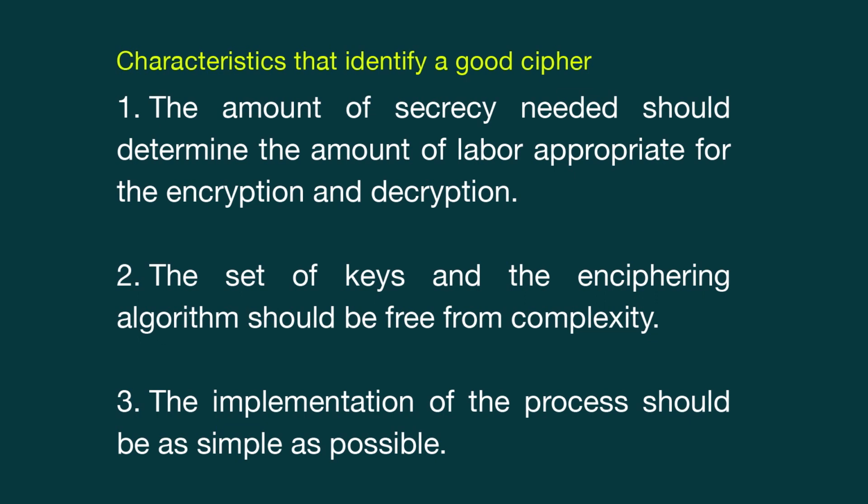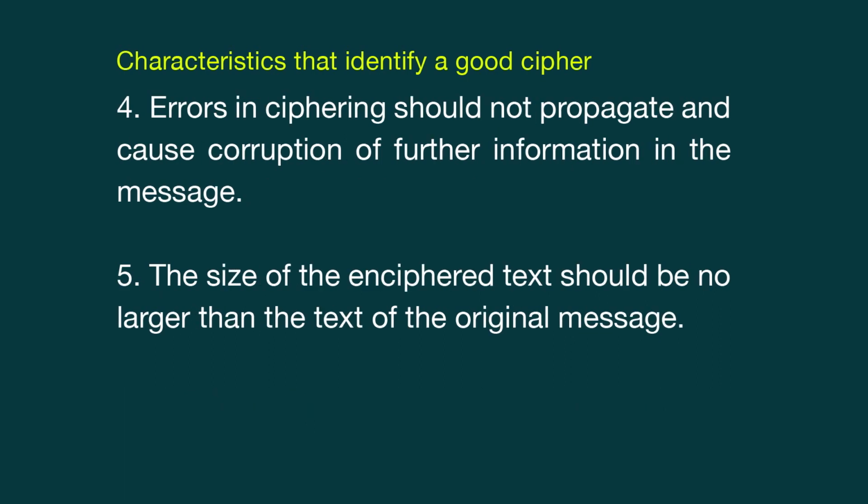The set of keys and the enciphering algorithm should be free from complexity. The implementation of the process should be as simple as possible. Errors in ciphering should not propagate and cause corruption of further information in the message. The size of the enciphered text should be no longer than the text of the original message.